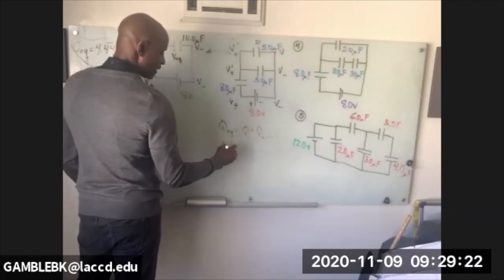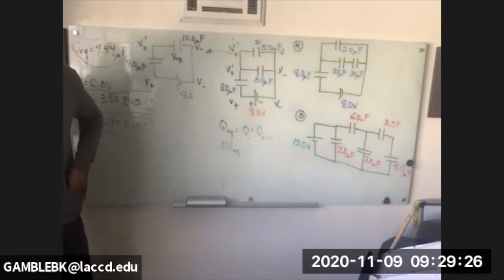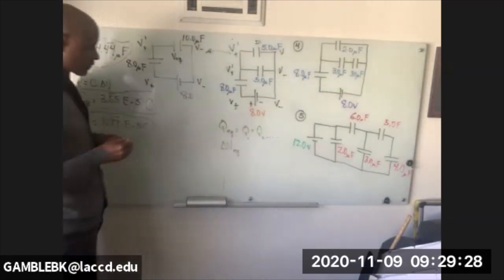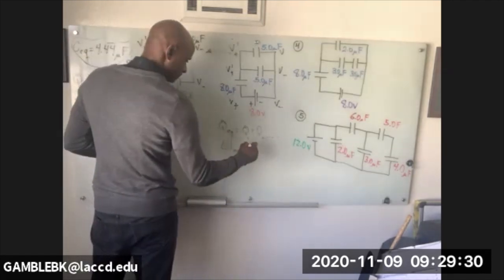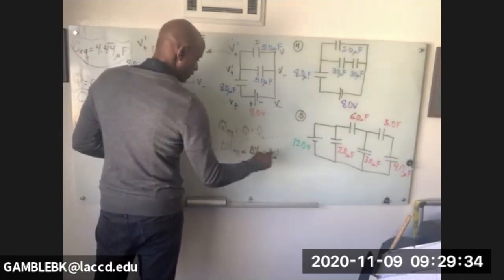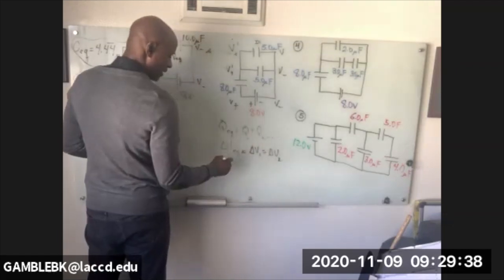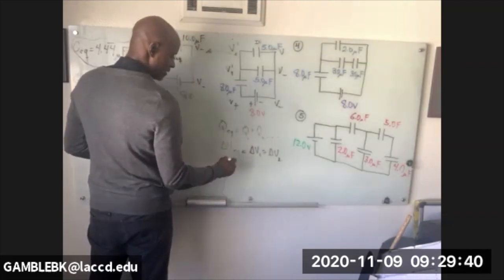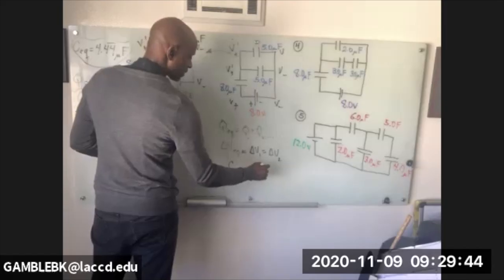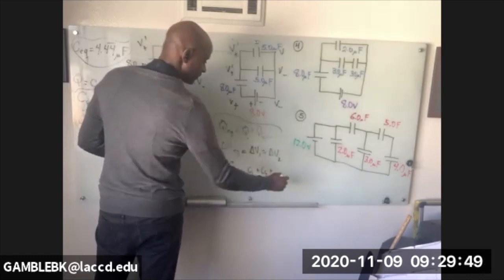The voltage is the same, delta V equivalent equals delta V1 equals delta V2. And the capacitance adds. So these are the rules for parallel.